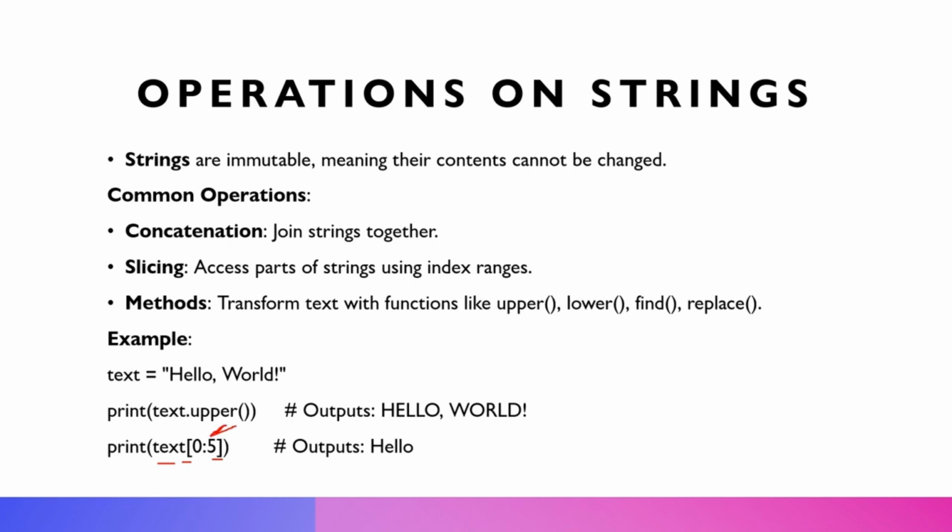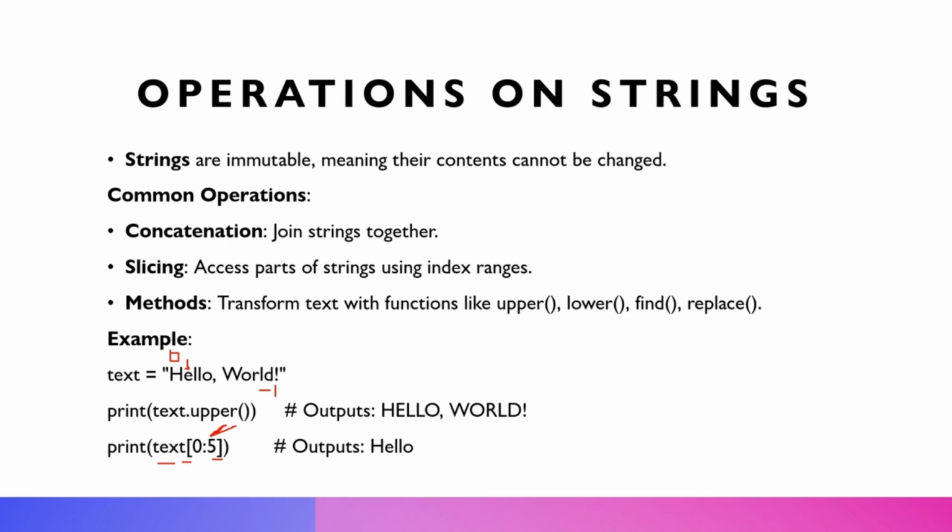Before continuing, let us know about indexing. Indexing is a method used in Python programming to access individual elements within a sequence, and it always starts from 0 if you are accessing the string from the left-hand side.